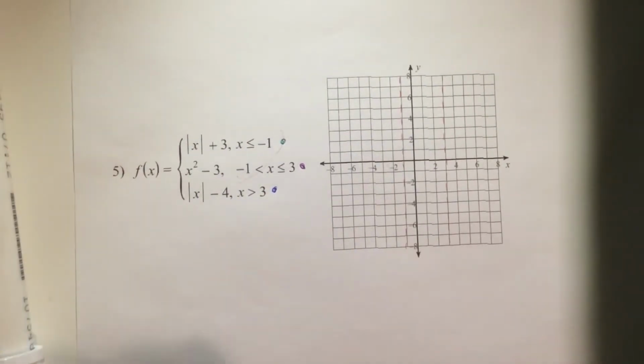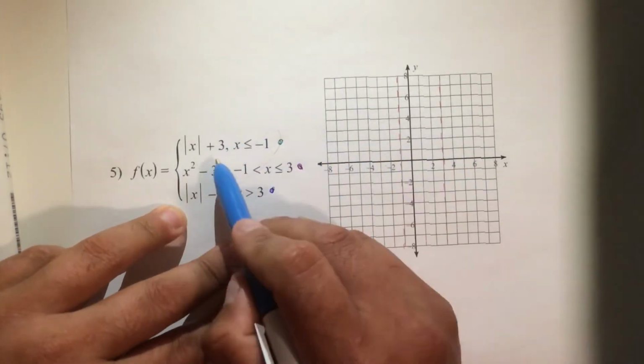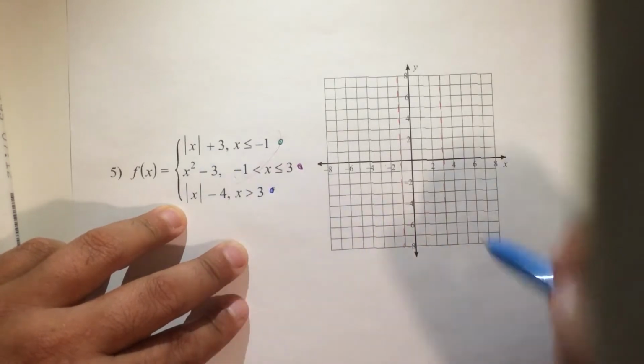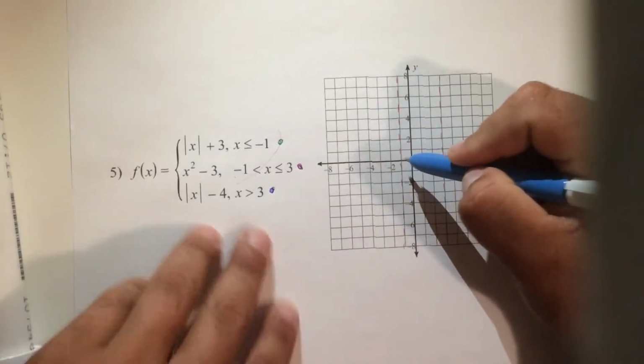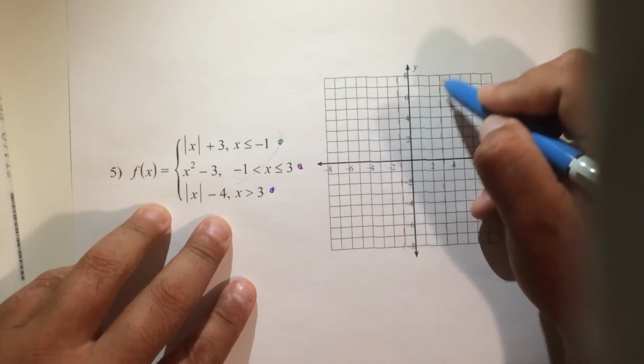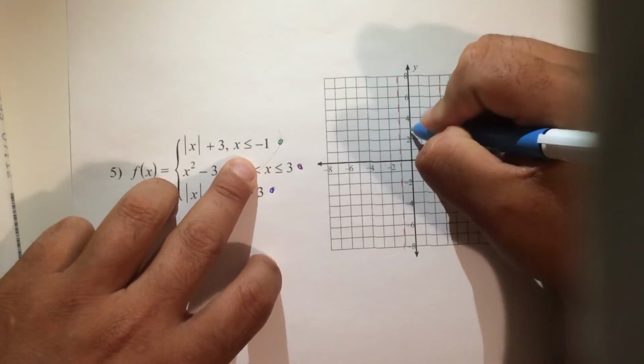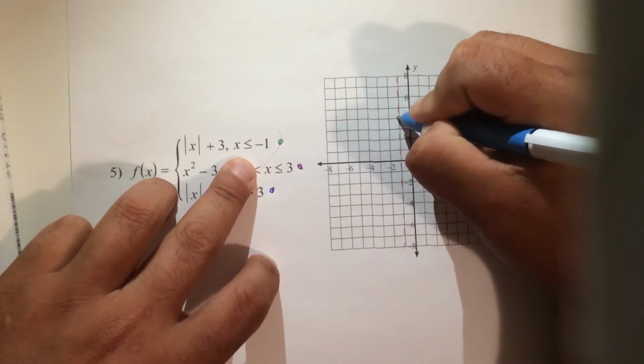Here we go. The first one we can see is an absolute value function. It's been translated 3 units up, but it's restricted here. So we go to our origin, go 1, 2, 3 up, and we're not going to have the part on this side. We're only going to have the part that's here. Then 1 over 1 up.